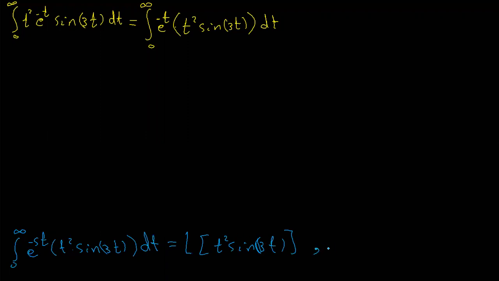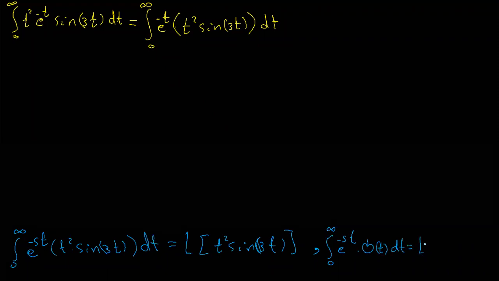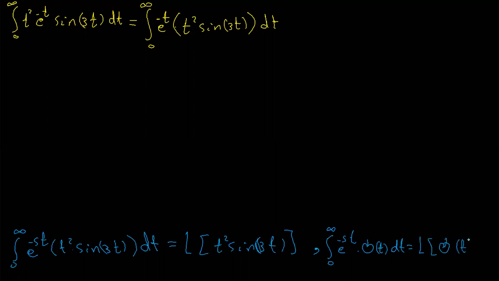So if you have the integral from 0 to infinity of e to the negative st times any function f of t dt, it is given to be the Laplace transform of f of t. This is the idea which I applied now.